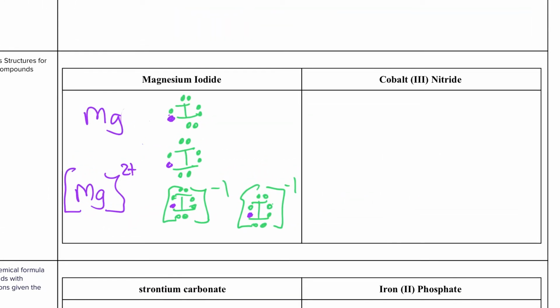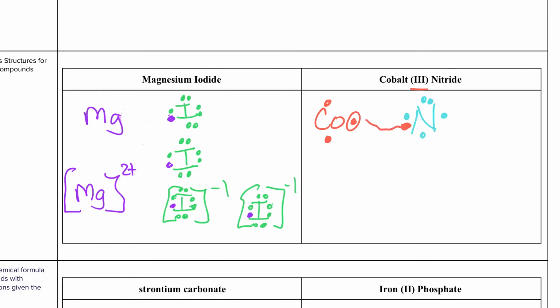So this other example, cobalt-3 nitride. So we're going to use cobalt, and this 3 is telling me that it's a +3 charge. So I have 1, 2, 3 on cobalt. Okay, nitride has 1, 2, 3, 4, 5 valence electrons. So this valence electron from cobalt goes all the way there.